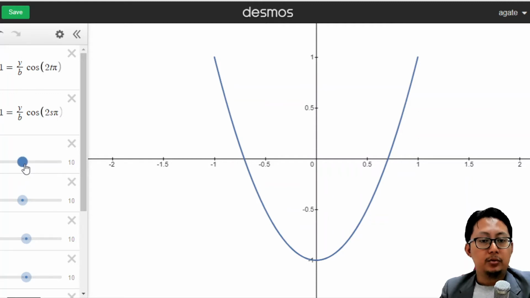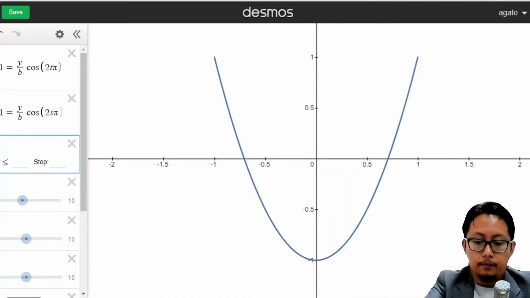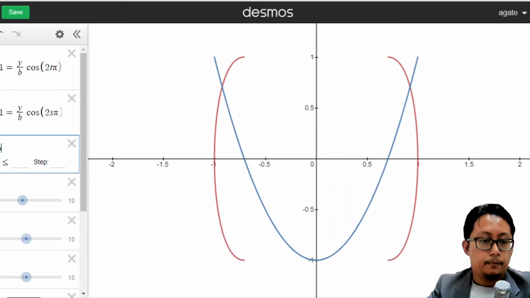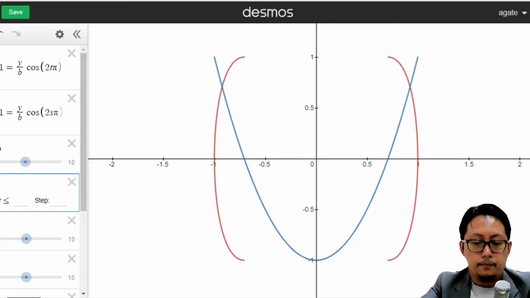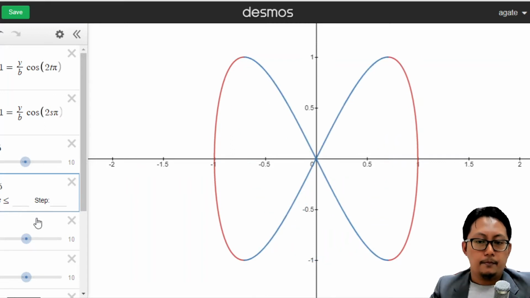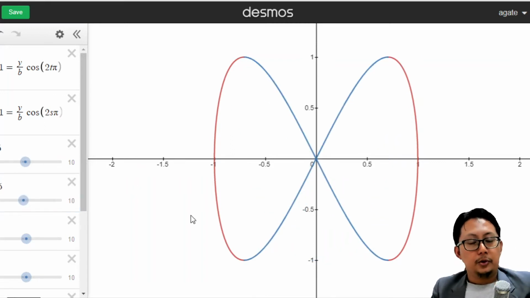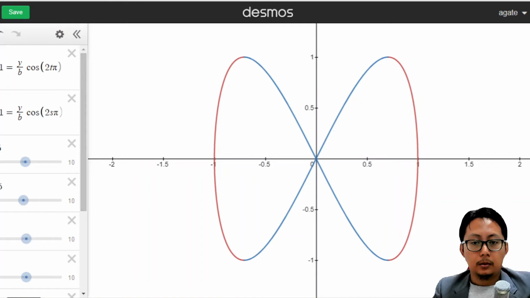And when we change to a different graph, we can get here, for pi over 2, this graph.